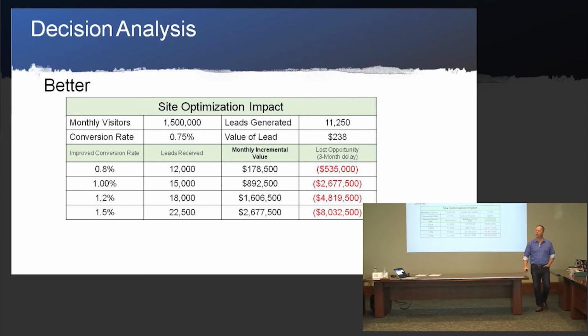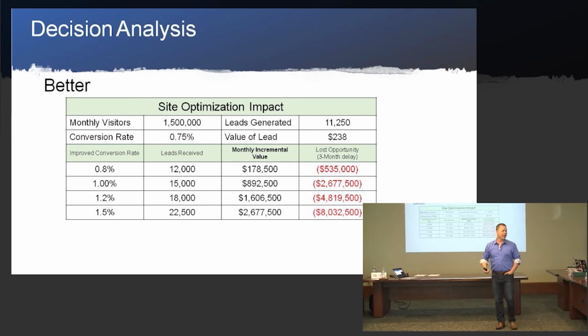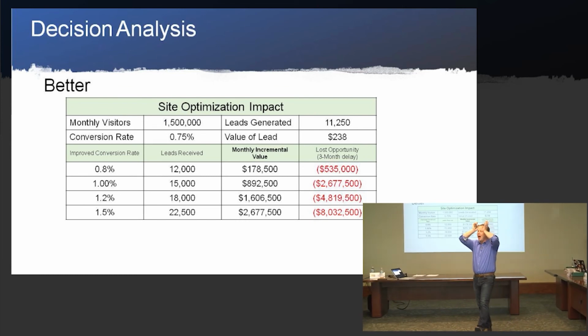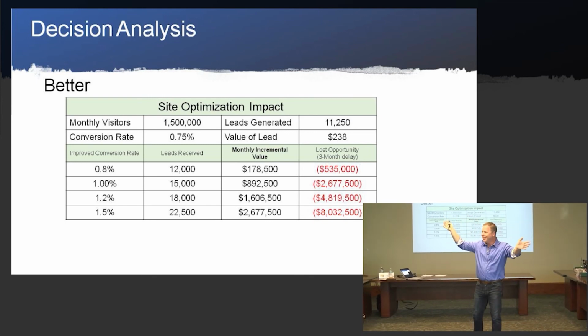What you're doing is presenting the problem and the solution. The problem is we have a crappy conversion rate. The solution is if we just raise it by 0.05%, we'll make money. And how much does it take to do that?